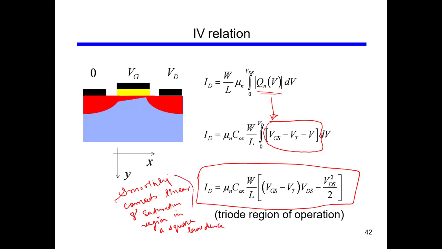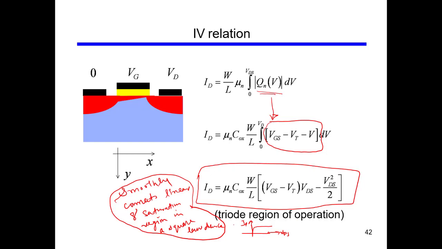What do you mean by a square law device? A square law device is the one in which the current saturates like this. So this is our ID and this is VDS. So this is a square law device.